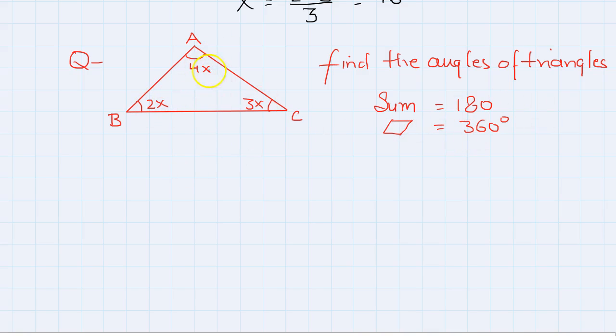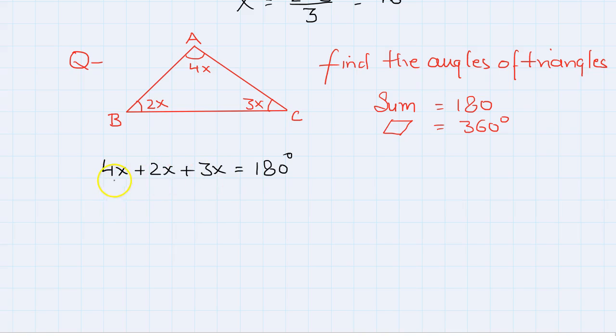So now we have these three angles. They are in a triangle, so 4x plus 2x plus 3x. These are three angles. Their sum must be 180 degrees. Now we add this.